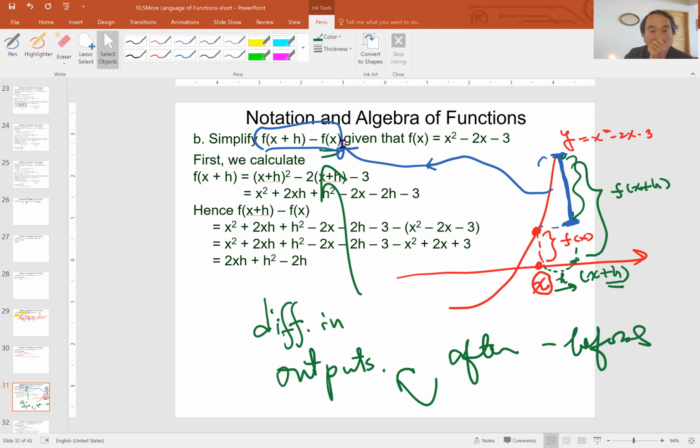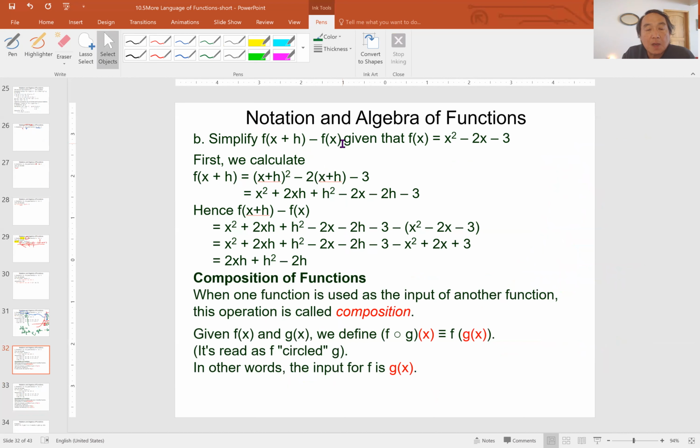So here's another operation on functions, which we call composition, which we actually already used when we put one formula into another formula. Here x plus h is a formula, put into the formula f. We are composing them.